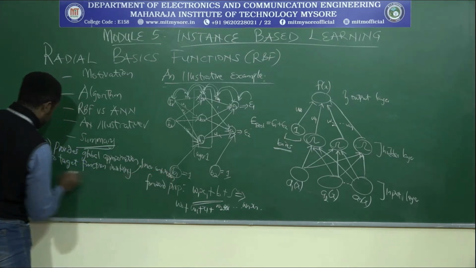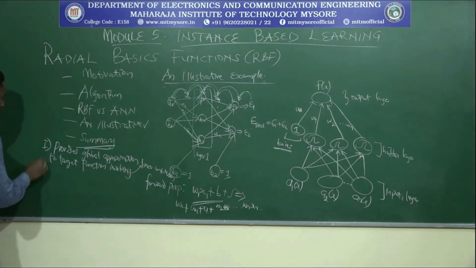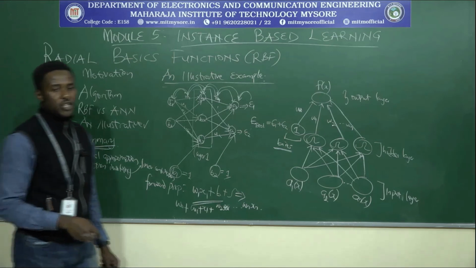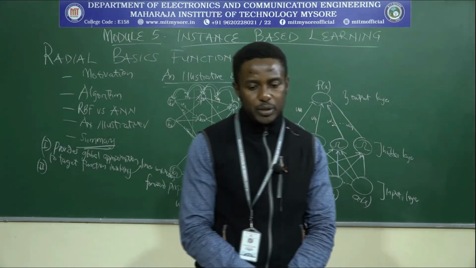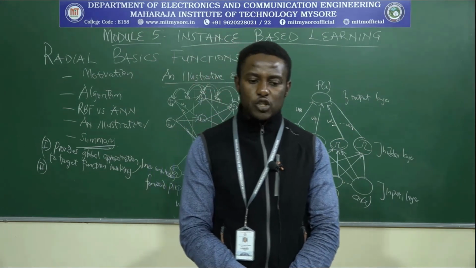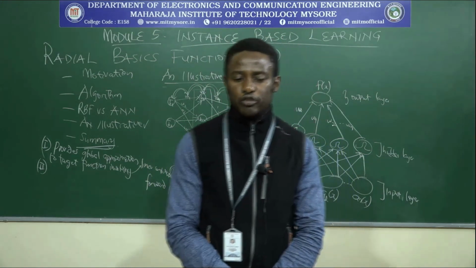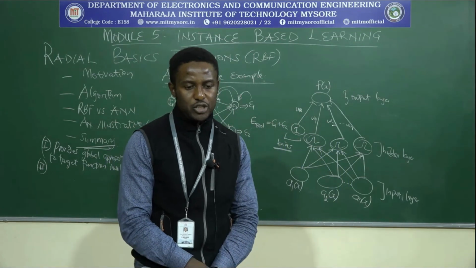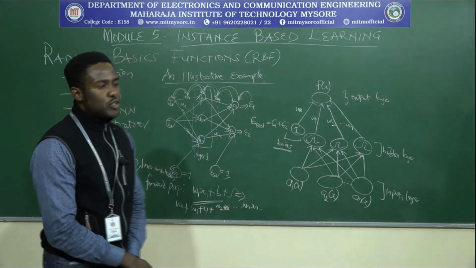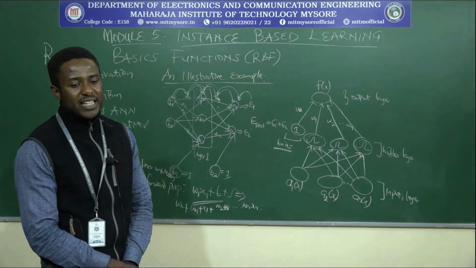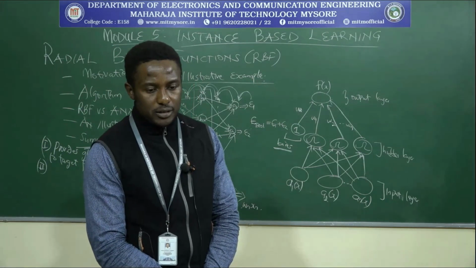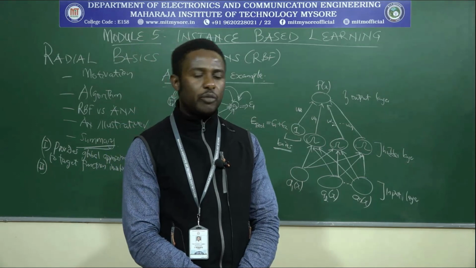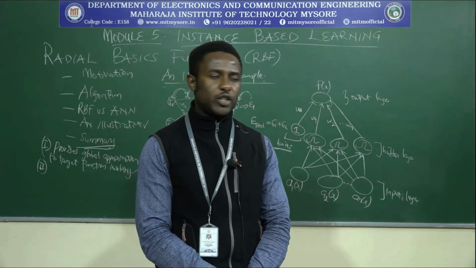And the second advantage is that the network can be viewed as a smooth linear combination of many local approximations to the target function. So it provides an efficient smoothing function, or combination, for many local approximation functions.